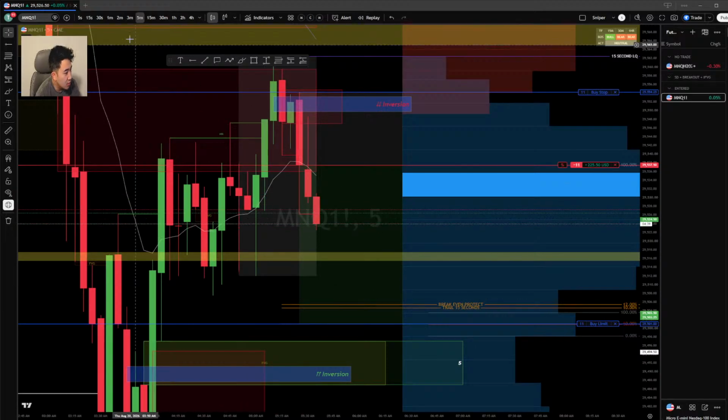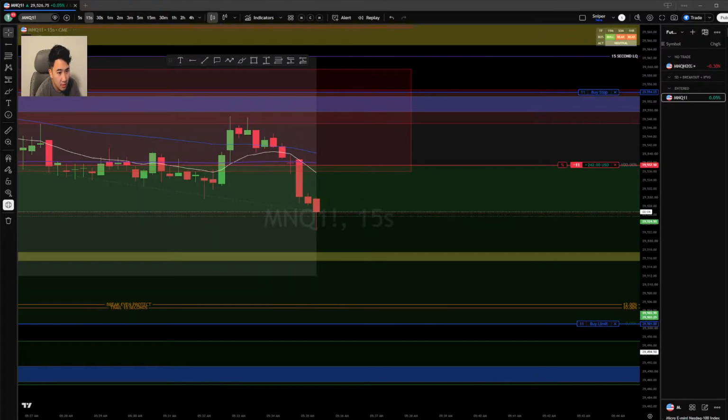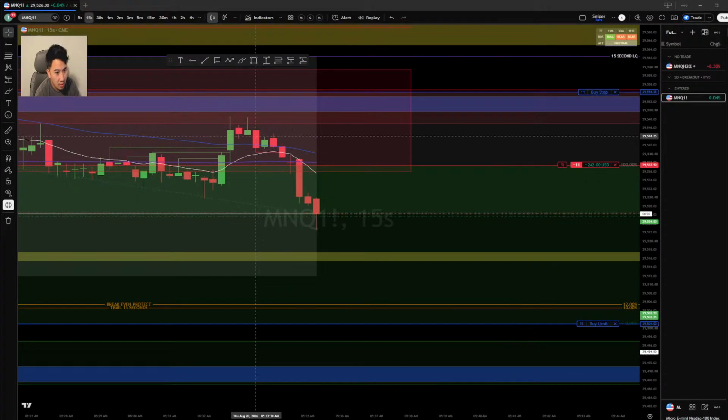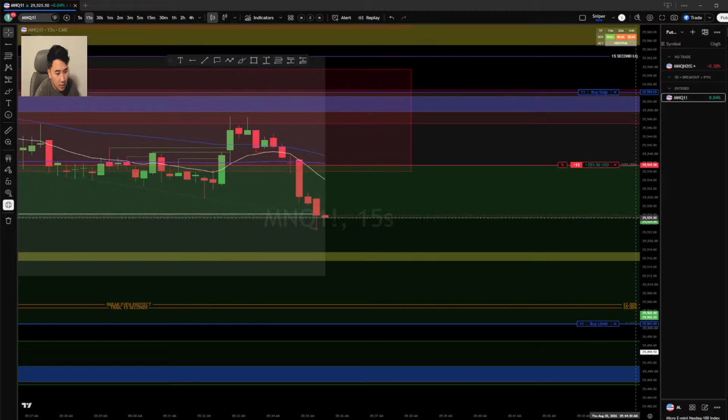If it hits the golden zone right here, we'll draw the 15-second.